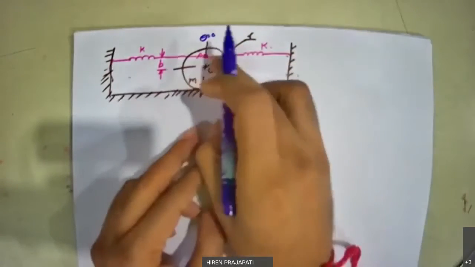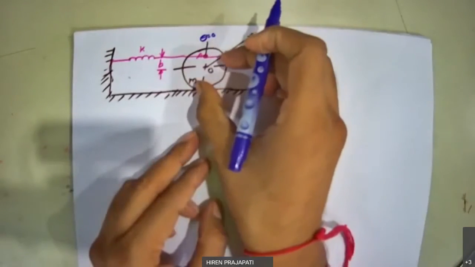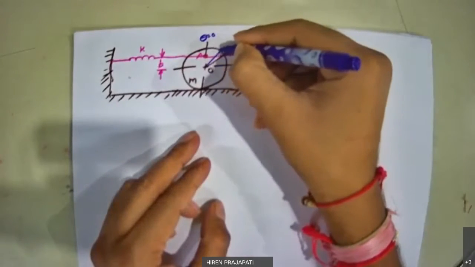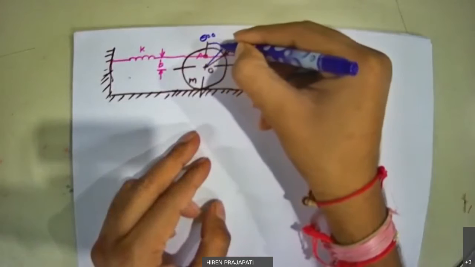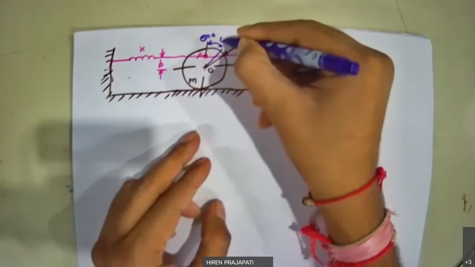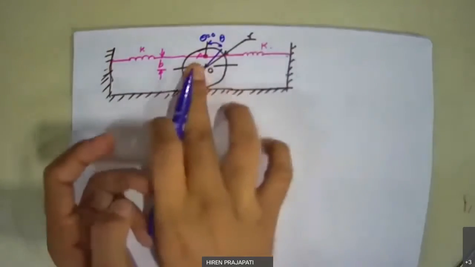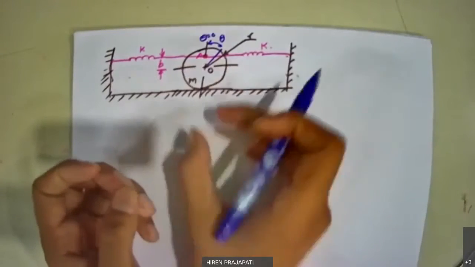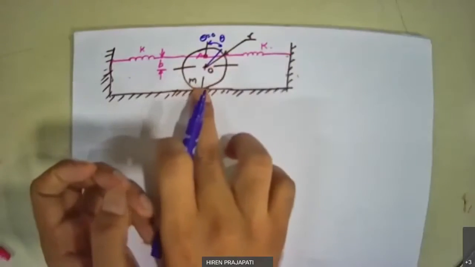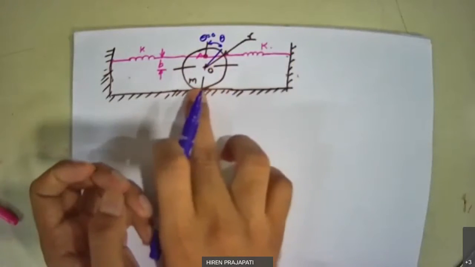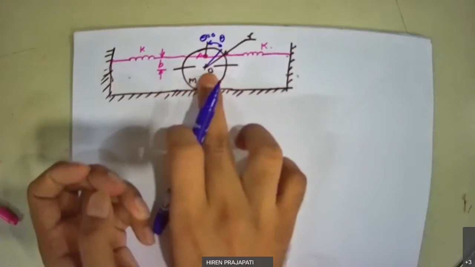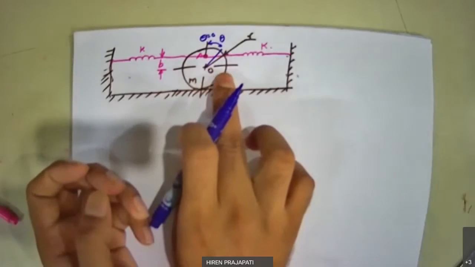Now we are rotating this disk by some small angle theta. Let me call that angle here theta. So we are giving a small angle theta. If you give small angle theta, then the center will travel in a linear way, shifting by some distance.